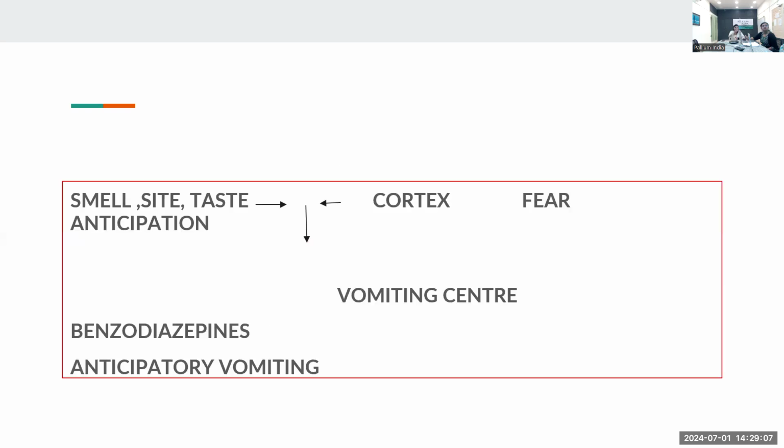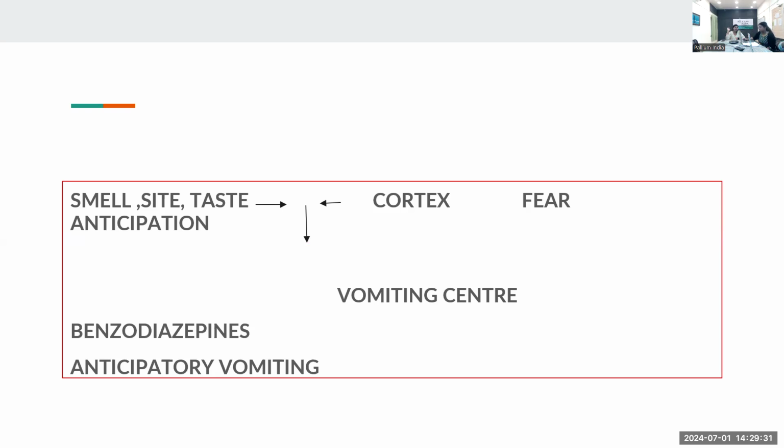Next one. And in short, the smell, sight, taste, fear, and all from the cortex, the fear of getting the chemotherapy, the vomiting center is stimulated, and there we can give benzodiazepine. So the drug of choice for the management of anticipatory vomiting is benzodiazepines like clonazepam, alprazolam, lorazepam, and all.